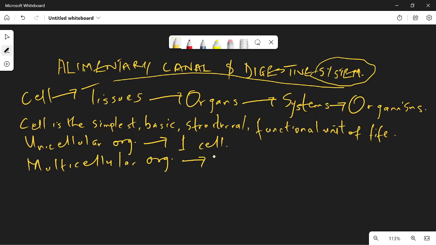Those ones have two or more cells. For the unicellular organism, that single cell has the ability to perform all the functions of this living thing. All the characteristics of a living thing are carried out by that single cell. Do we understand that? Hello?